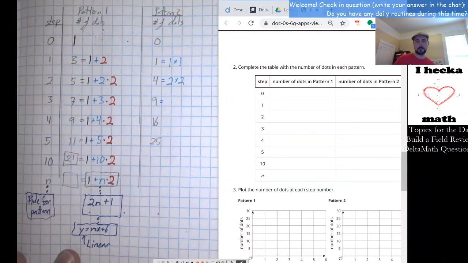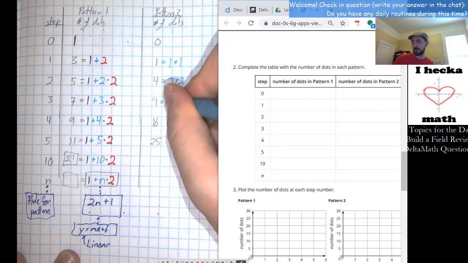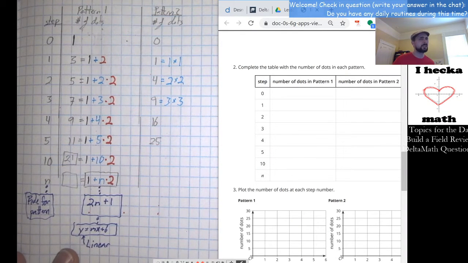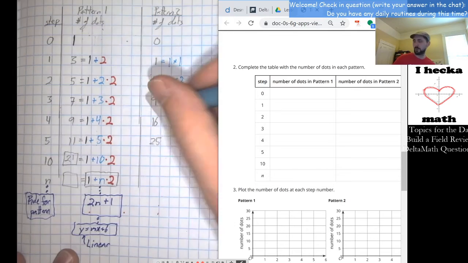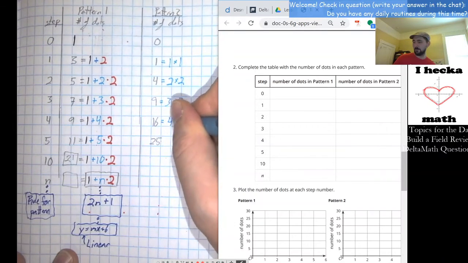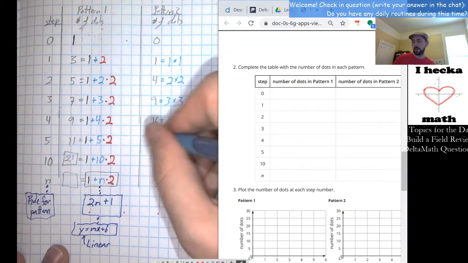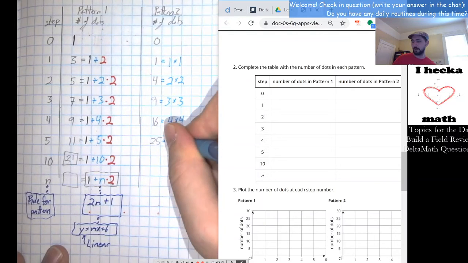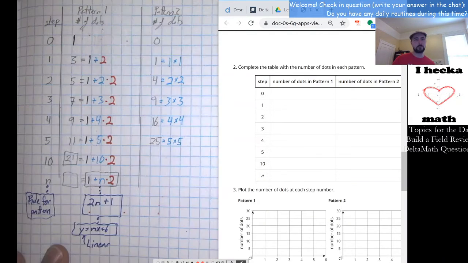The 9 came from looking at a 3 by 3 square. 16 came from looking at a 4 by 4 square. And 25 came from looking at a 5 by 5 square.